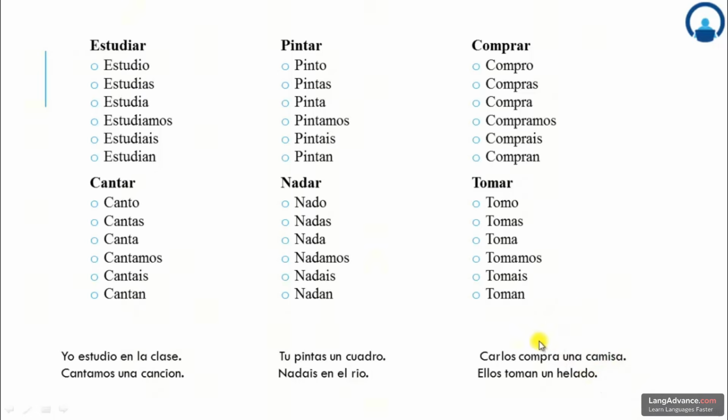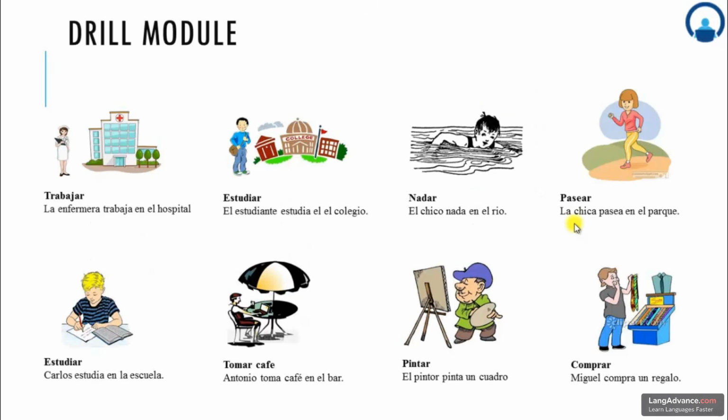And the last one I've taken toman from tomar and I've framed it as ellos toman un helado, that means they have an ice cream. Helado means ice cream. Now that we have seen these conjugations with examples, let's try and get some more examples so that you are very clear about the rules of AR verb and the conjugations in the present tense.